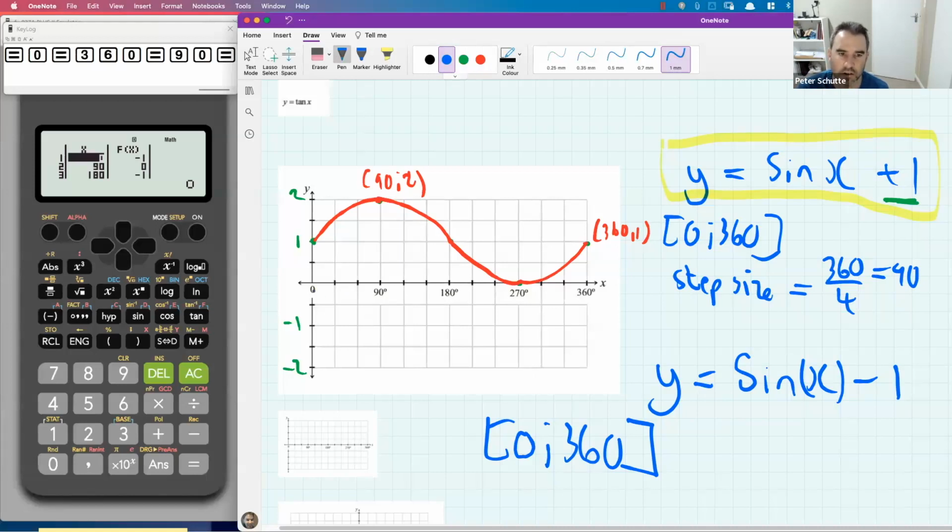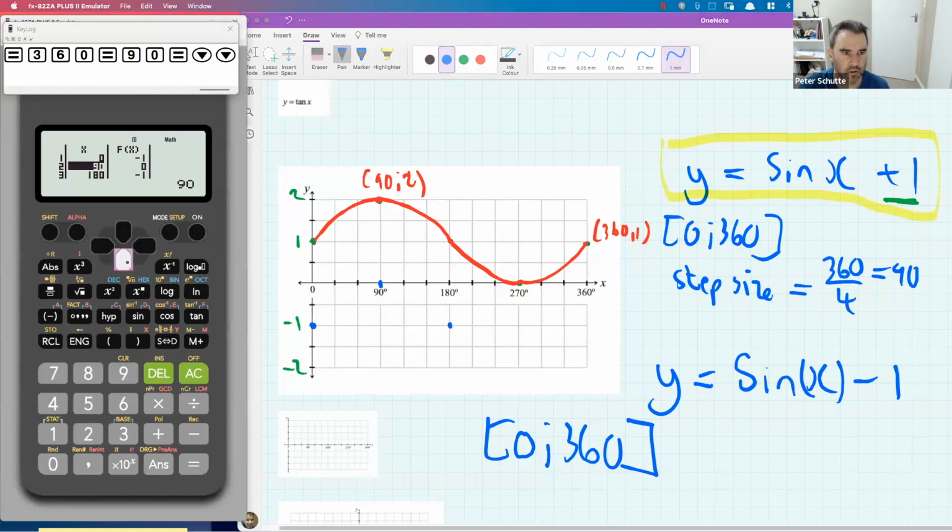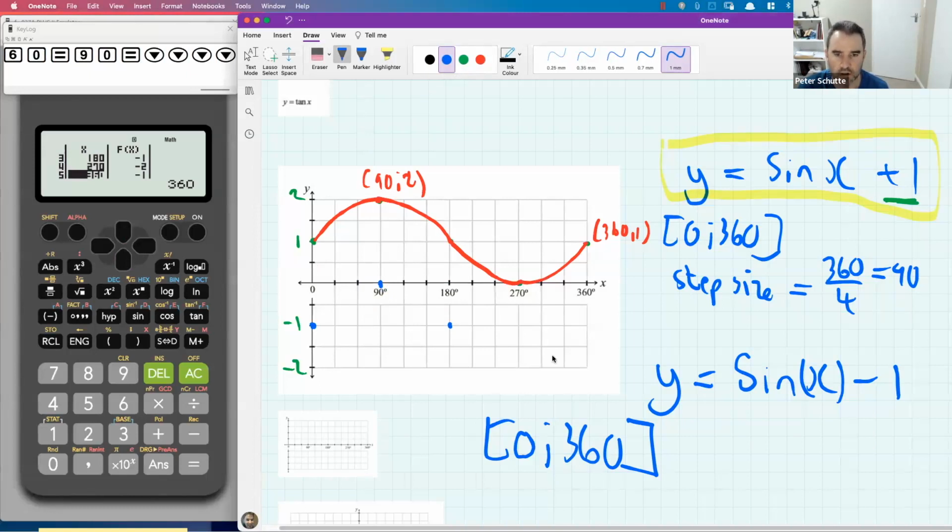Let's do a different color. And we actually have to push down on the down arrow there. So 270. And then 360 minus 1.